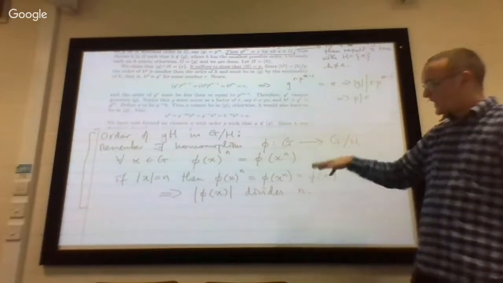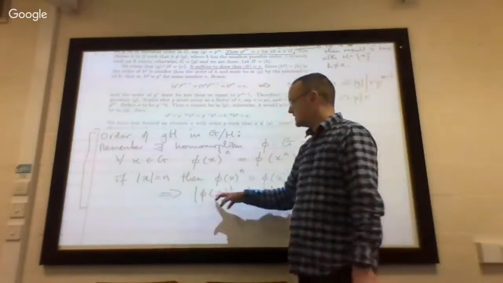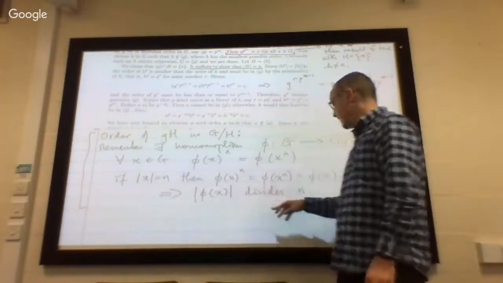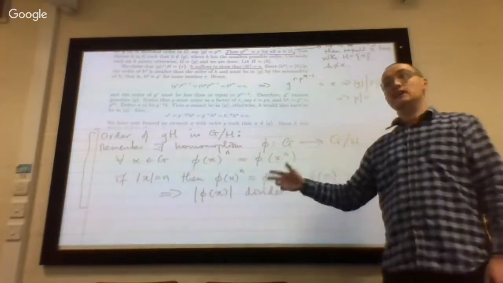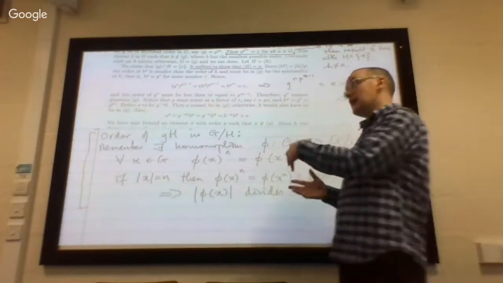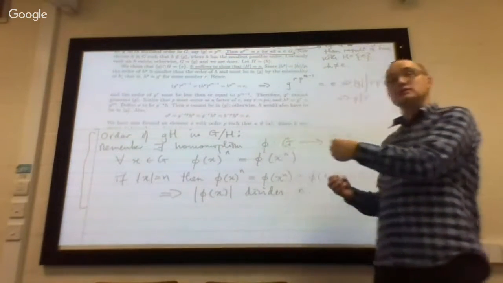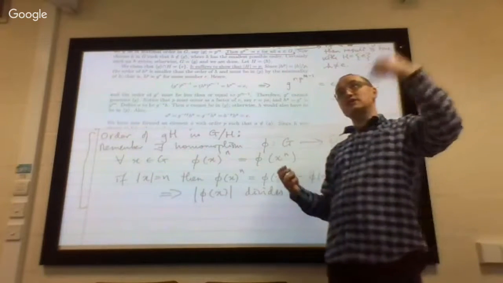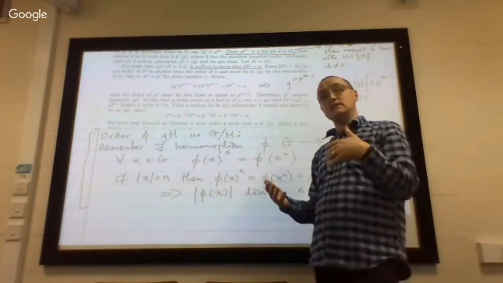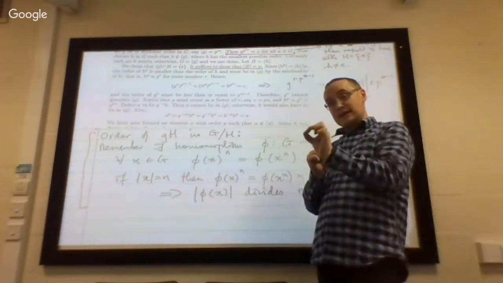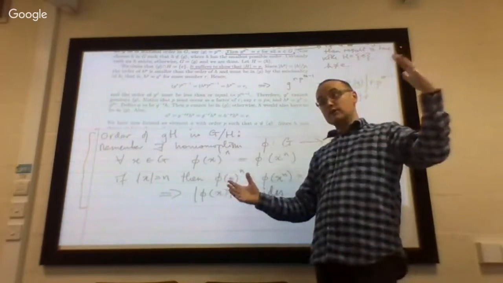And this is one aspect of that: the order of the image of an element must divide the order that the original element had. An element having a high order is kind of complex behavior, if you like. The group generated by that element is large if it has a high order.